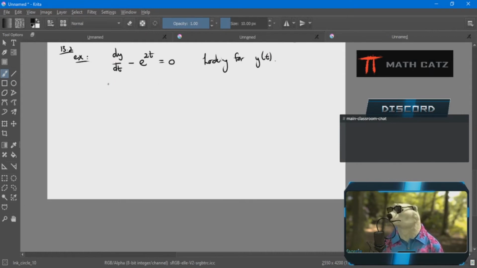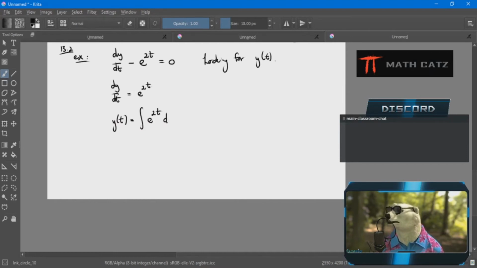But I can rewrite this equation as dy/dt equals e to the 2t. That means what I'm really looking for is a function whose derivative is e to the 2t, which means I'm looking for the antiderivative of e to the 2t. So the differential equation is just a different spin on the antiderivative question.